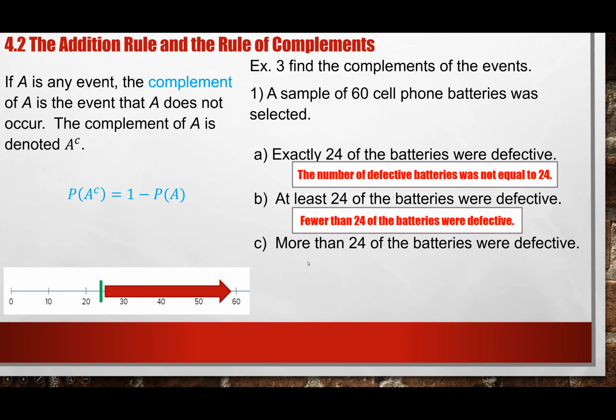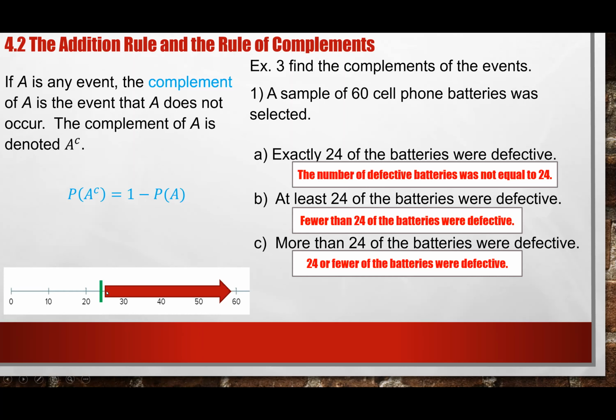More than means, again, 25, 26, and beyond. What would be the complement, what would be the leftover? The leftover will be 24 or fewer, right? So again, basically to fill up this whole number line, remember your event and your complement put together is equal to the whole thing, right? So again, for exact, we only include one number.